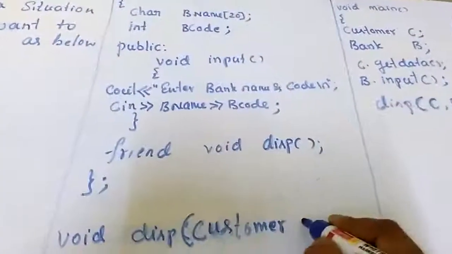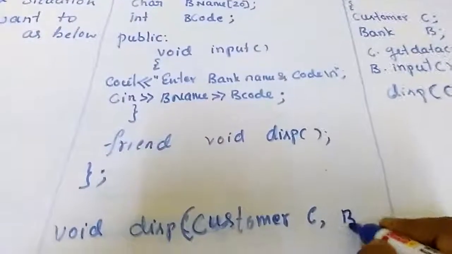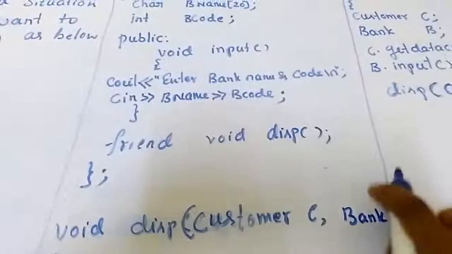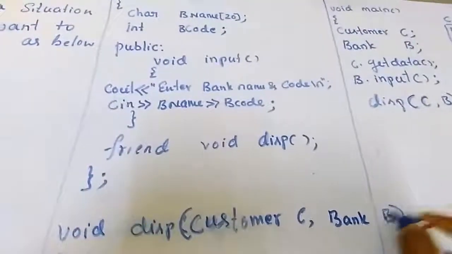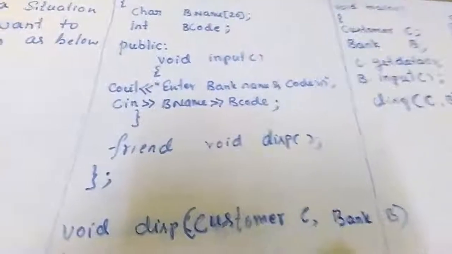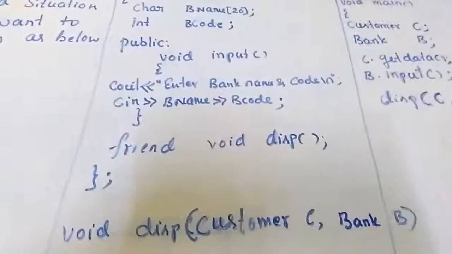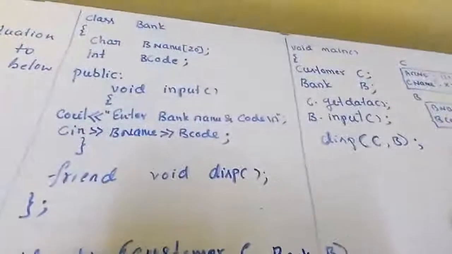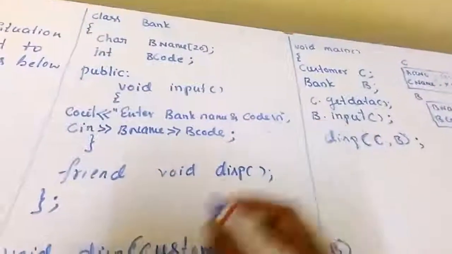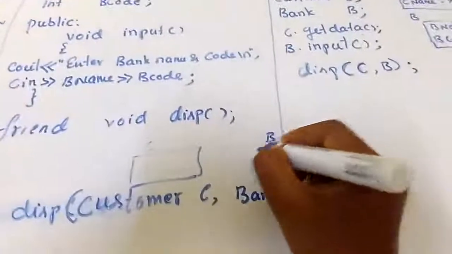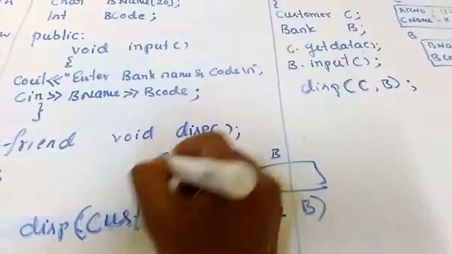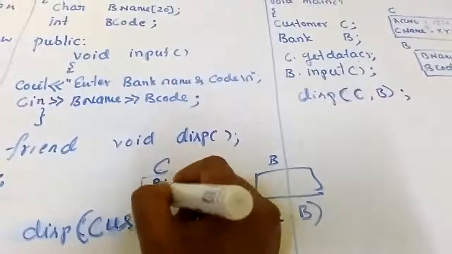I'll take here C, bank. I'll take B. Whenever you create objects here, these are called formal arguments, isn't it? The data members of that C are copied to this C. Here also there is a memory P. It contains account number and customer name.